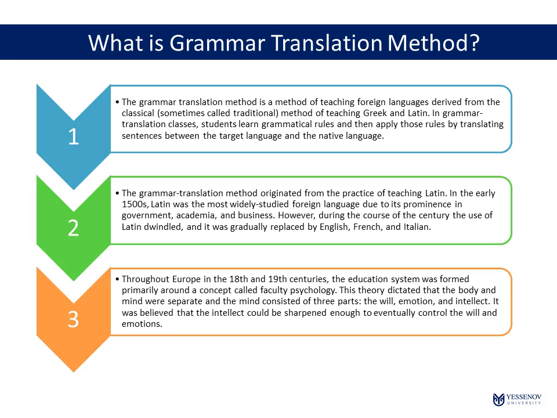The grammar translation method originated from the practice of teaching Latin. In the early 1500s, Latin was the most widely studied foreign language due to its prominence in government, academia, and business. After the decline of Latin, the purpose of learning it in school changed. Whereas previously students had learned Latin for the purpose of communication, it came to be learned as a purely academic subject.